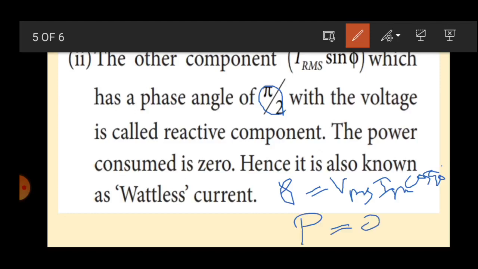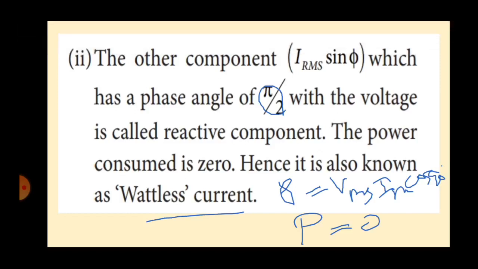Now in this circuit there is no power, so the power consumed is 0. So that is also known as wattless current. So no power in the circuit. Are you clear? Okay.